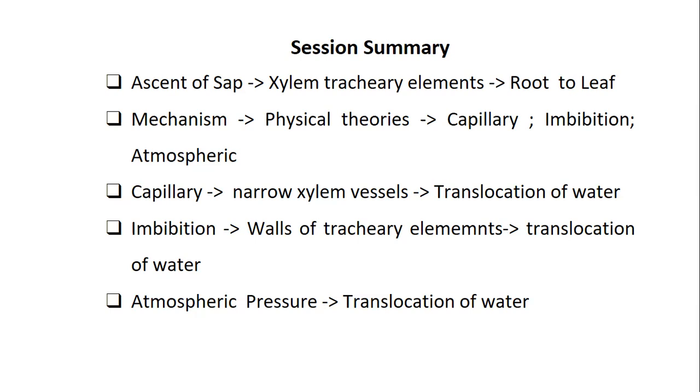According to capillary theory, the vessels are very small in size and involved in the translocation of water. According to imbibition theory, the tracheary element walls are involved in the translocation of water. According to atmospheric pressure theory, the atmospheric pressure is uplifting the water in the plant.